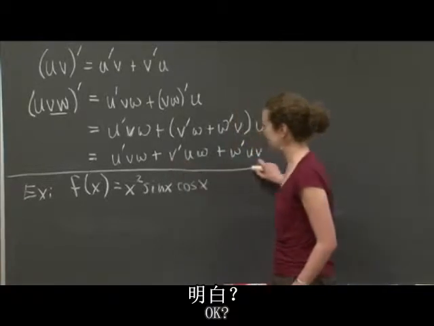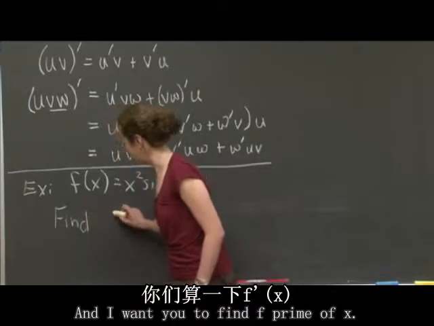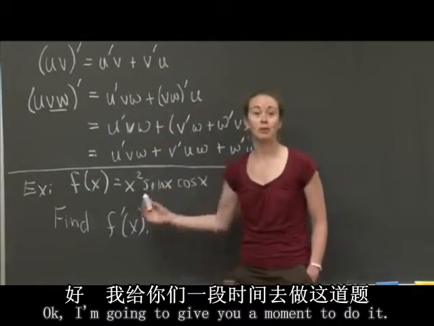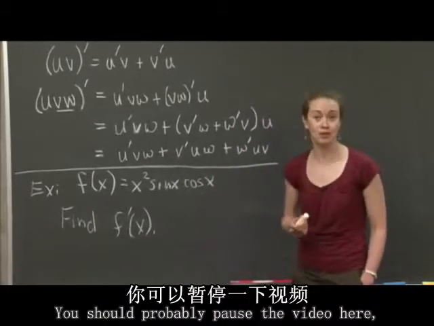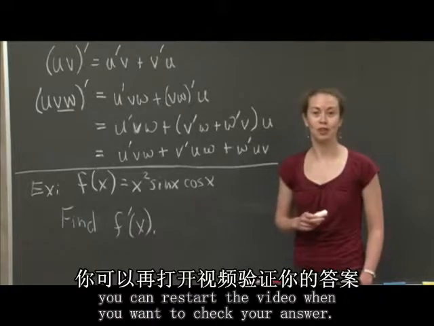And I want you to find f prime of x. I'm going to give you a moment to do it. You should probably pause the video here, make sure you can do it, and then you can restart the video when you want to check your answer.